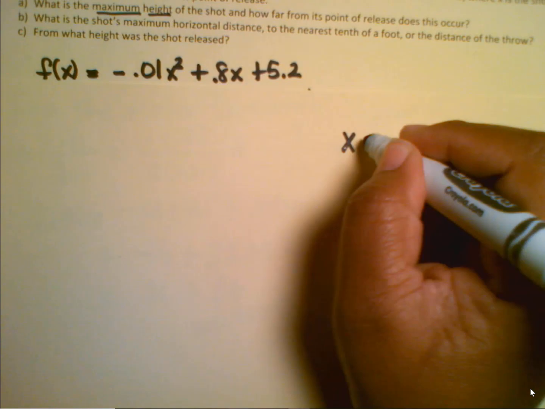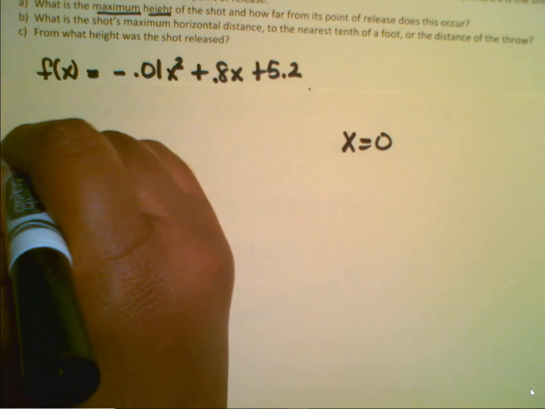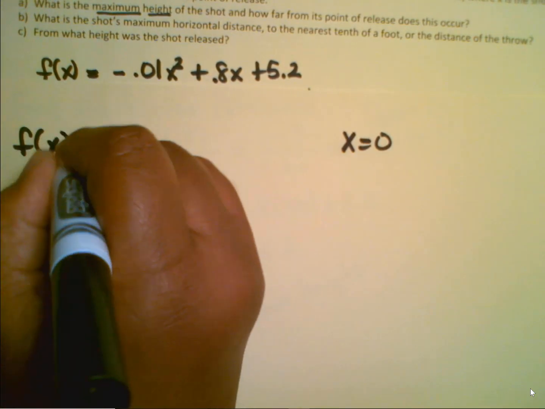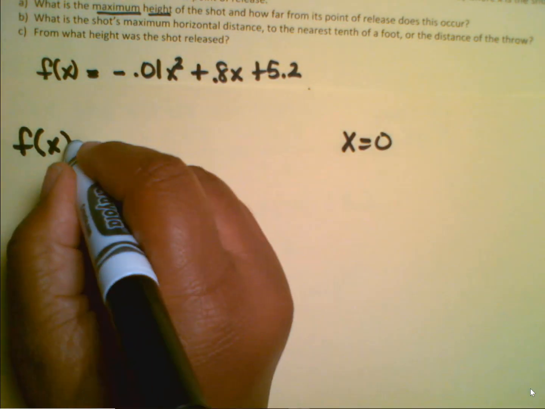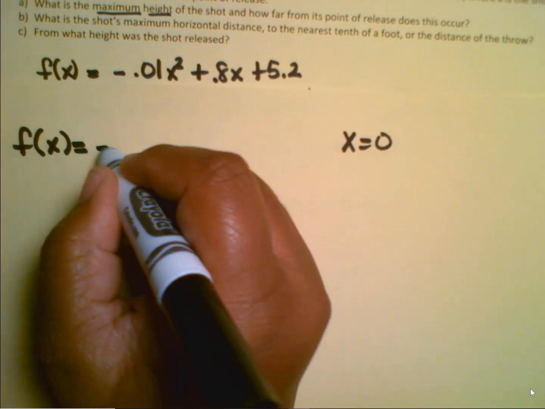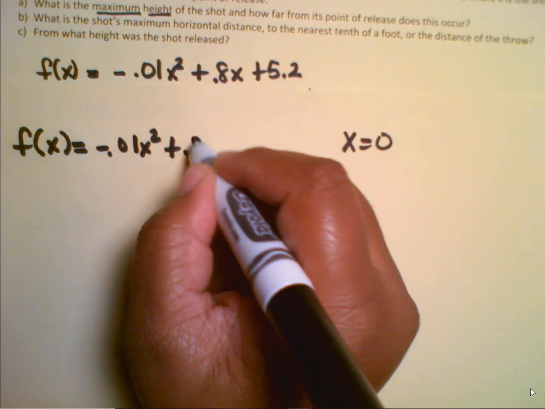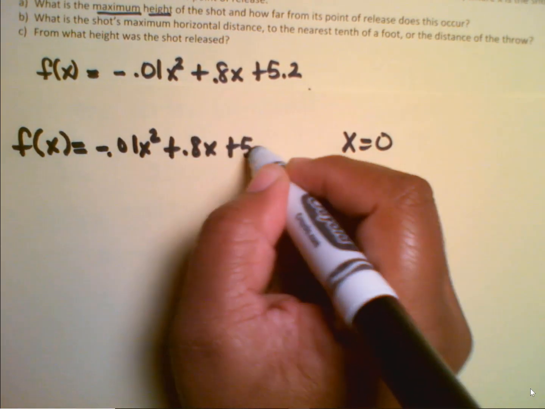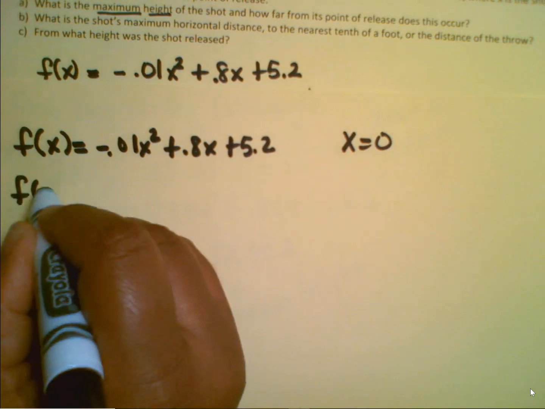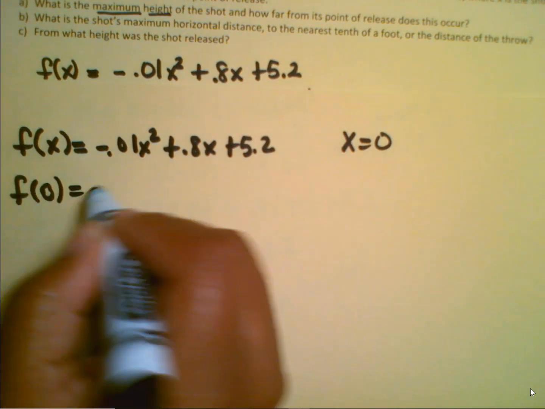So when x is 0, we're going to go back to our equation. And where we see x, we're going to plug in 0.